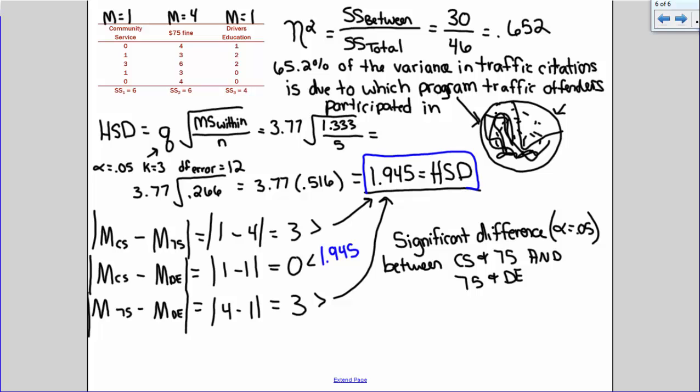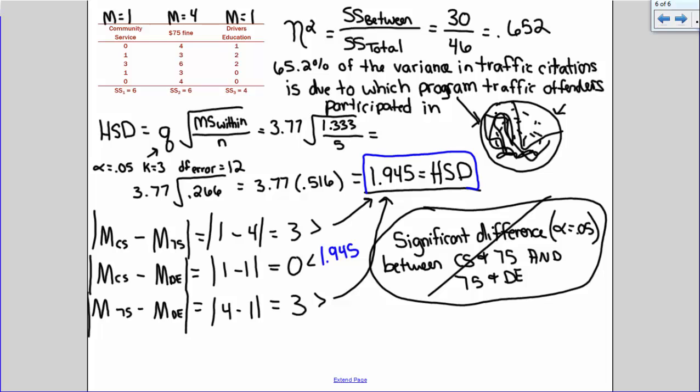Now, this is not plain English. In fact, this isn't even scientific because I was lazy. So if I said, what does this suggest in plain English? Remember, these results are extrapolated to the population, so we would say, in the population of traffic offenders, we expect that a $75 fine.